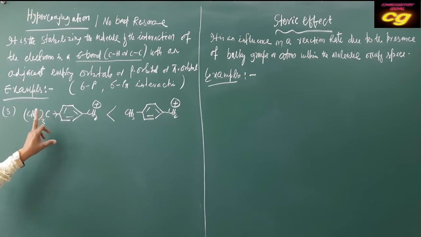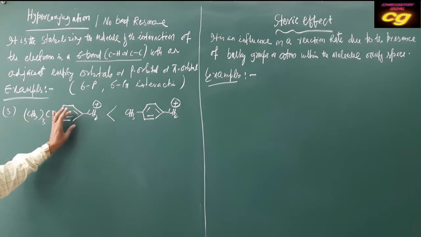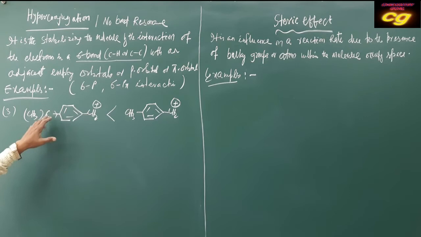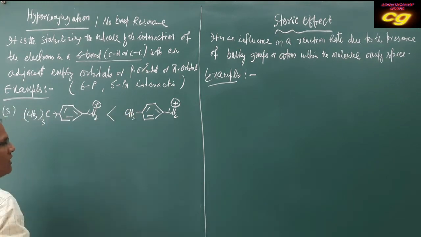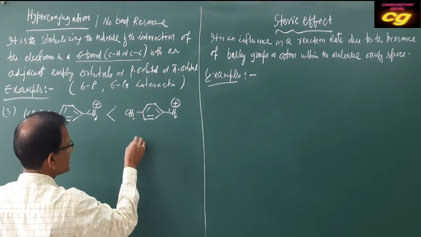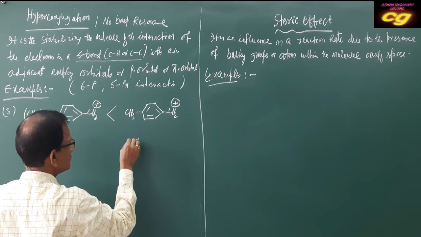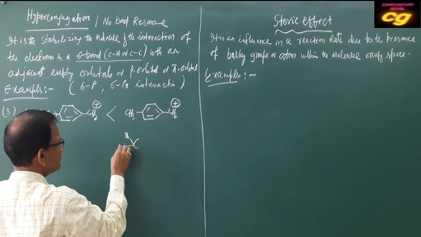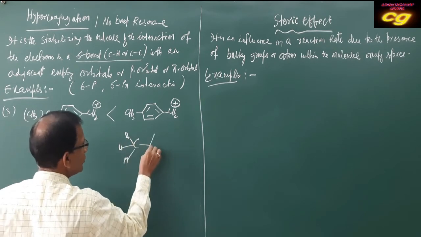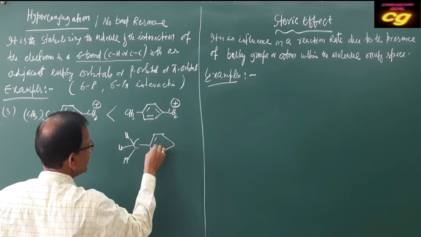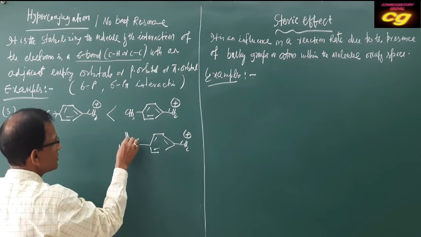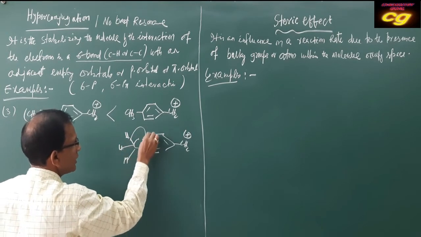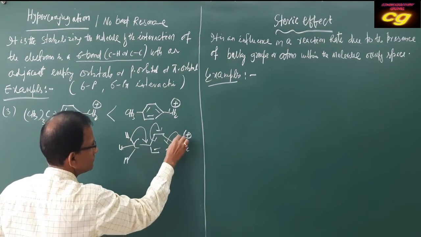You can say this is the alpha position, because when a benzene ring is present, the next carbon, if it contains hydrogen, then for example, you can take this case: a methyl group attached to a benzene ring. Then what happens? It will show resonance like this.